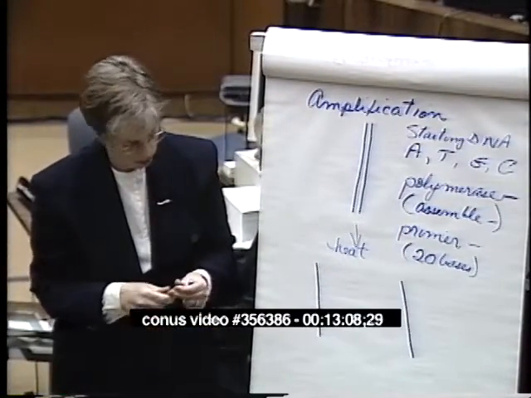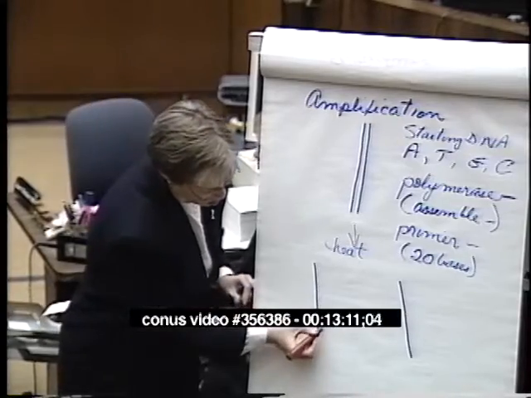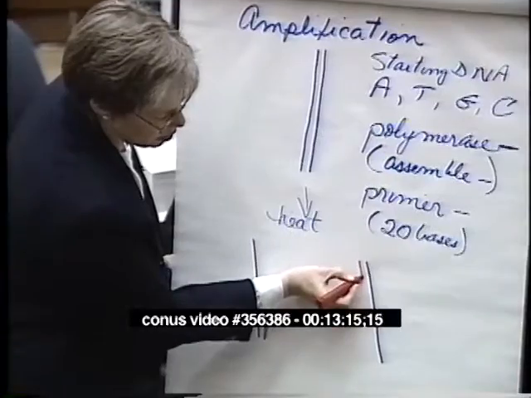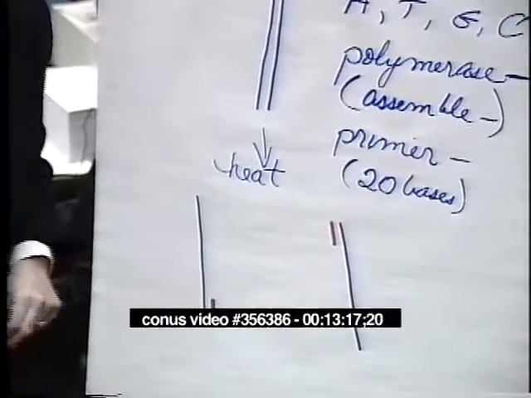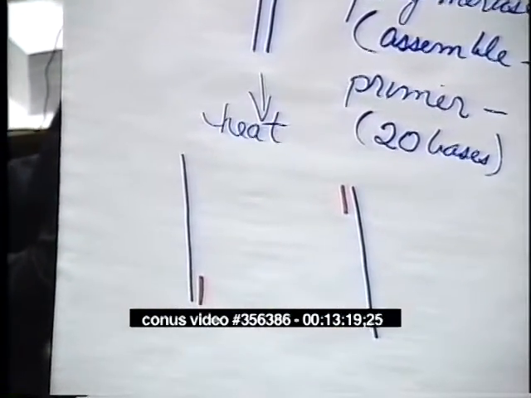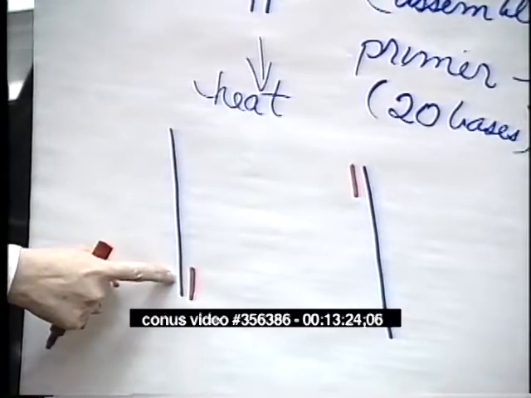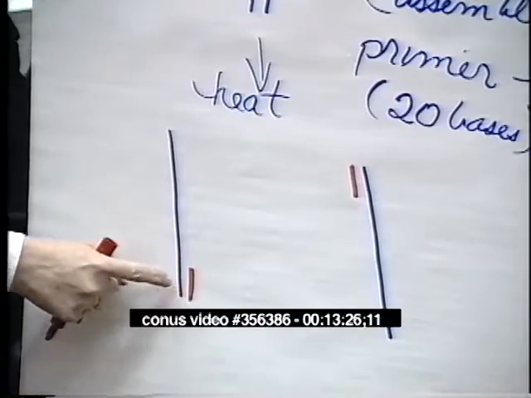At that point, we'll allow the short primers or anchor points to bind, and these primers are designed so that the sequence of DNA that they have to hook up to is known.